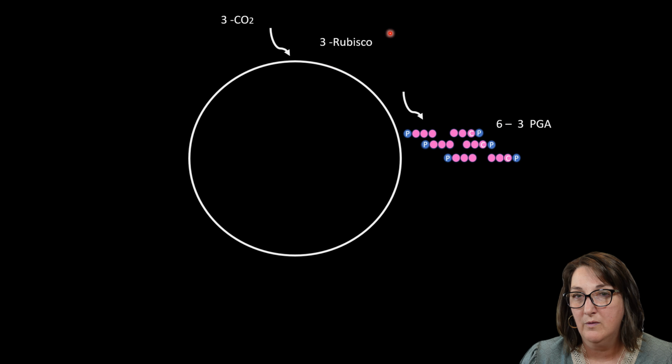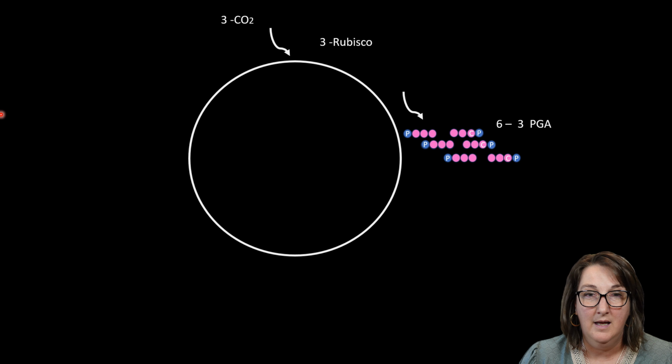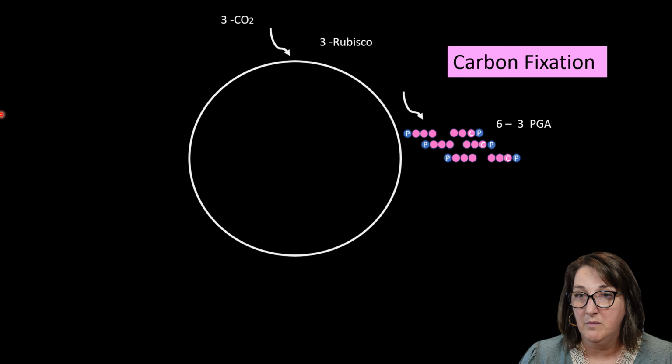So now I've gone from Rubisco with that 6th carbon added to it. Now it breaks, and this broken Rubisco is now called 3-PGA because I have 3 carbons for each of these molecules, and I have 6 of them. Now we call this carbon fixation. The carbon has been fixed onto the Rubisco.